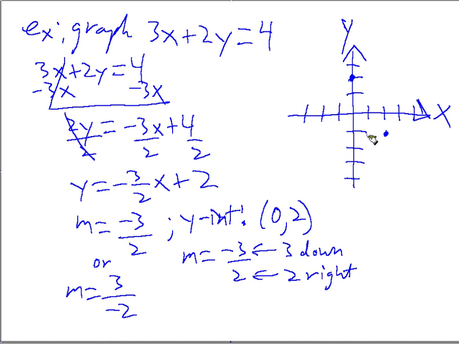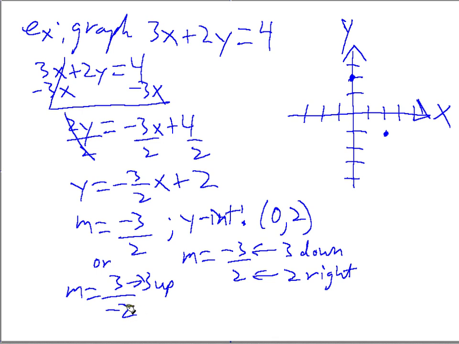Now, suppose I use this interpretation, positive 3 over negative 2. So picture this diagonal line without me actually drawing it out for you. Let's go back to this other interpretation. If I choose this interpretation, the rise is now positive, so instead of 3 down, it'll be 3 up.